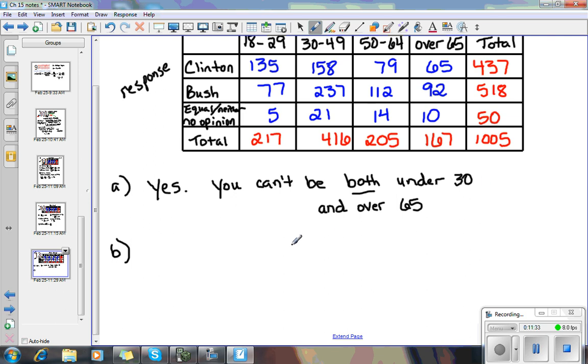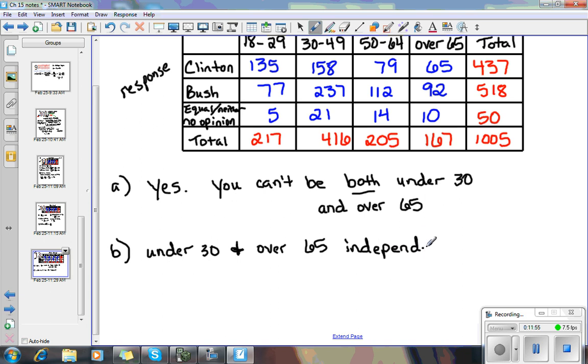Part B, are being under 30 and being over 65 independent? So now we're looking at under 30 and over, that's an and, not a plus, and over 65 independent.